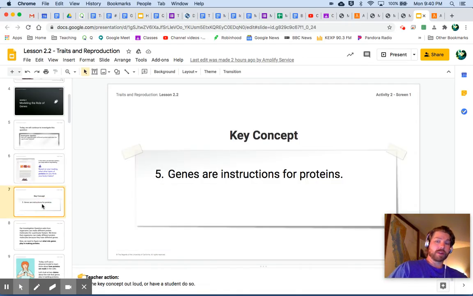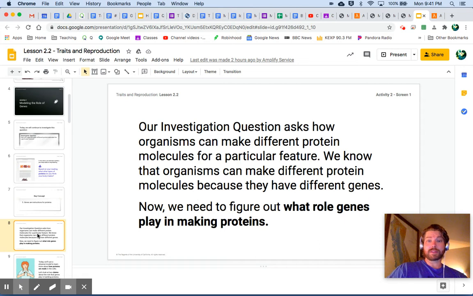Here's one of our key concepts. Genes are instructions for proteins. This is something that we learned from reading the article yesterday, that the genes that we have in every single one of our cells code for specific proteins. They're blueprints for proteins. So our cell knows exactly which proteins it is supposed to make.